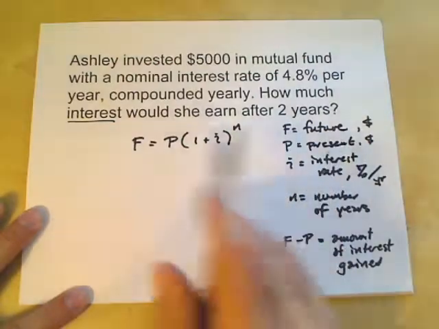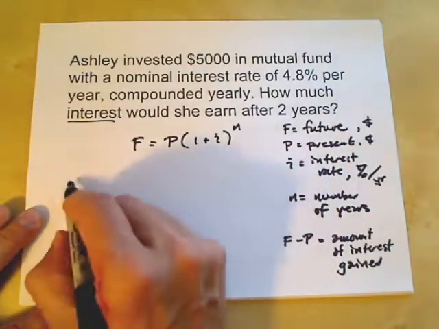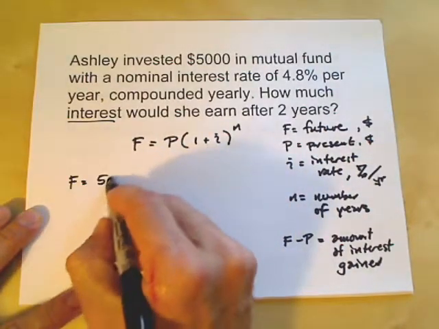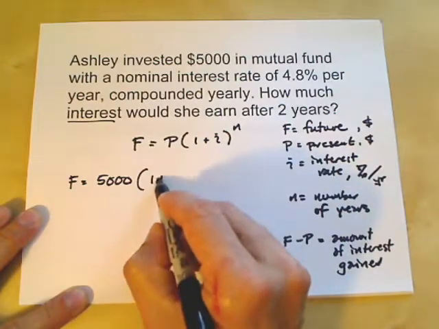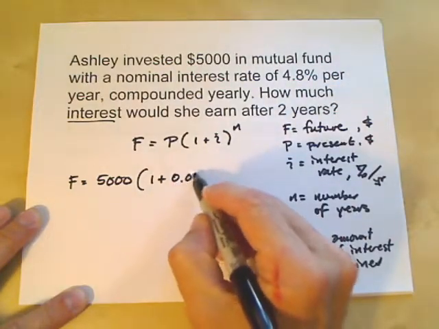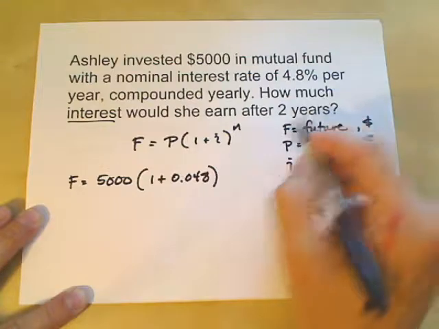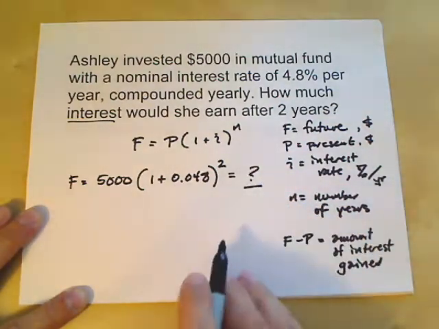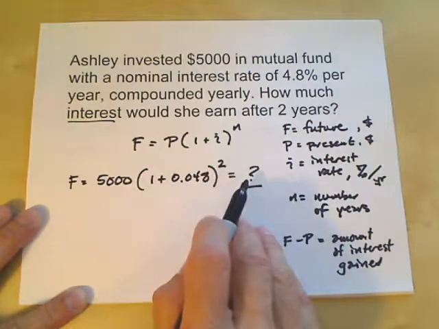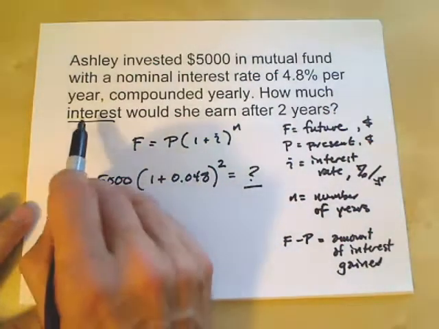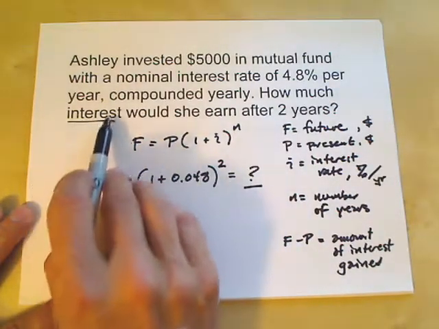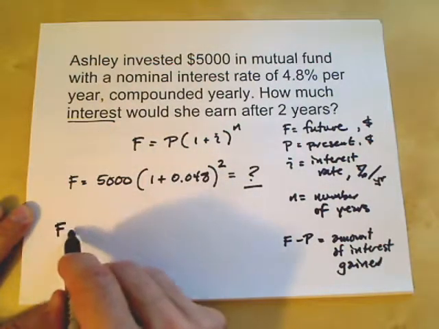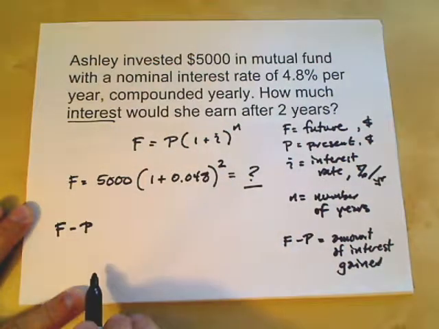We could take a look at this problem and say, terrific, F equals 5,000 times 1 plus the interest rate raised to the 2, and think that this is going to be the answer. It's not the answer, because what we're really asking for is not the future balance, but the difference between the future balance and the present.